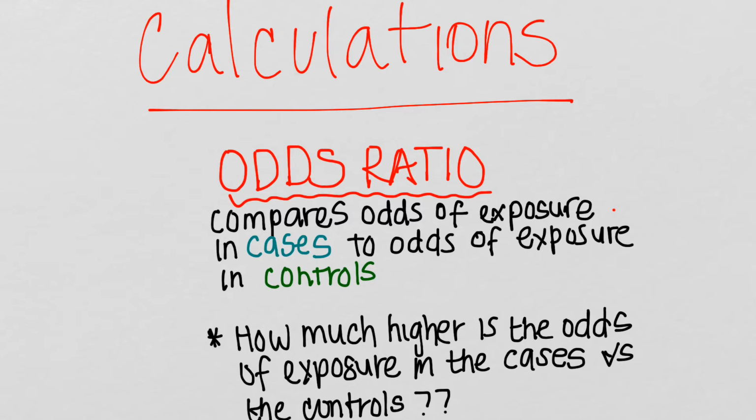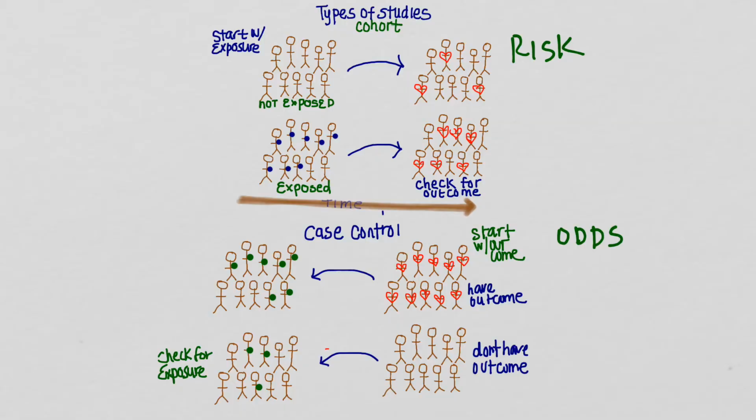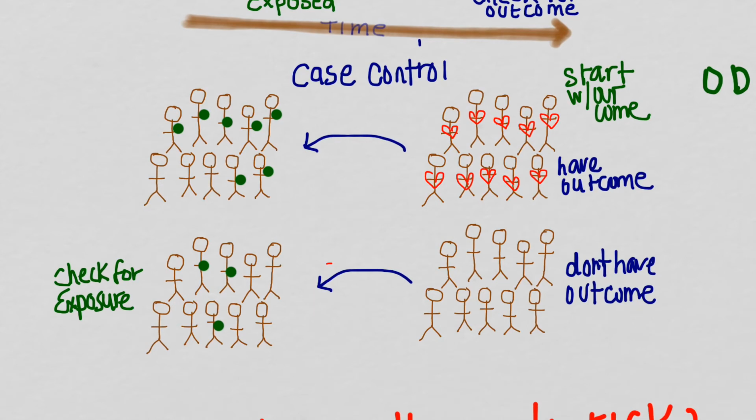and maybe let's start by first discussing why we calculate the odds ratio in a case control study. In a case control study, what we don't know is the incidence in the exposed population or the incidence in the non-exposed population, right? So if we go back here and look at this case control study, we don't know what the incidence is in the exposed or the unexposed population.